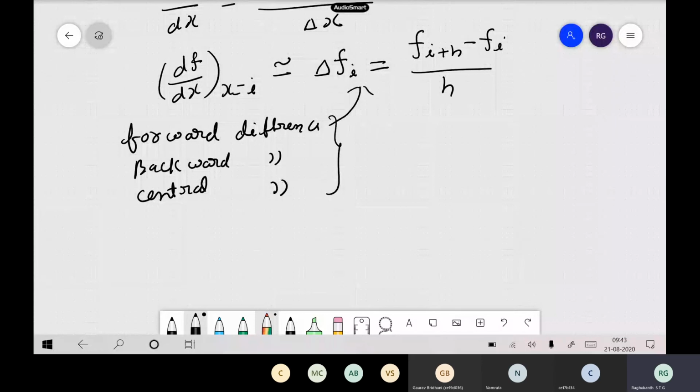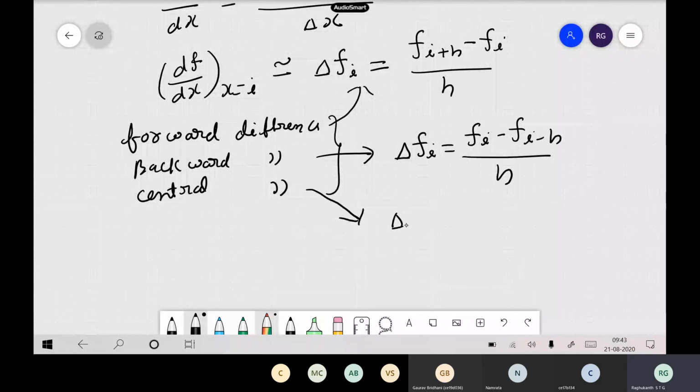This is your forward difference actually. In backward difference, how do you write? You don't use the future point, we use the past actually: f i minus h by h. Now in the central difference, we write our derivative as f of i plus h minus f of i minus h by 2 times h actually. All these things come from the Taylor series itself.